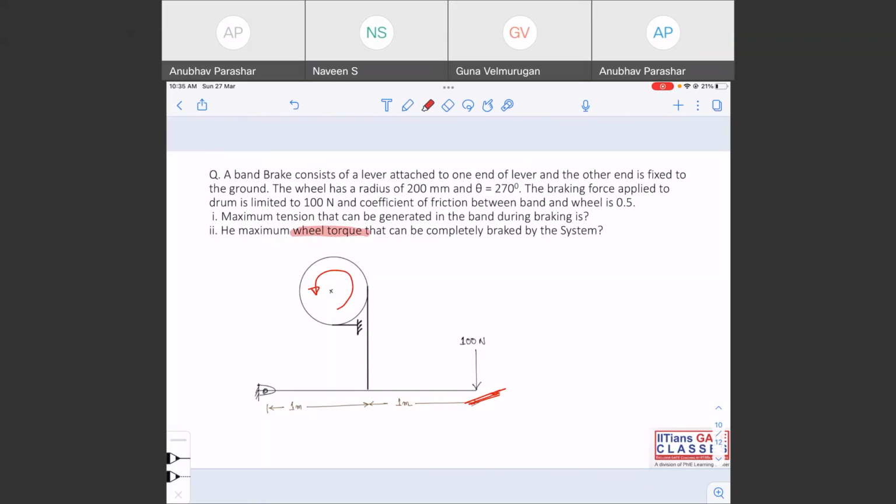Right, to find out the maximum wheel torque, you have to draw the FBD of the wheel. If you draw the FBD of the wheel, there will be some amount of friction here which is equal to T1, and there will be some amount of T2, and this is the center, this is the radius, right? So in that case you will be able to find out the wheel torque. Wheel torque is slightly different.